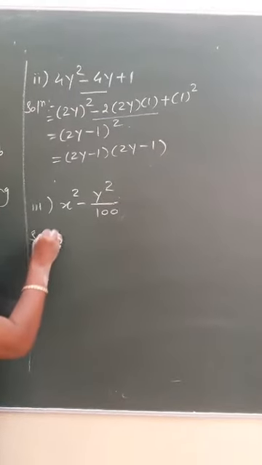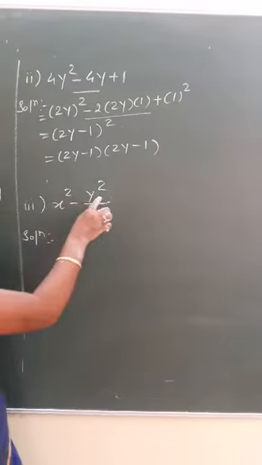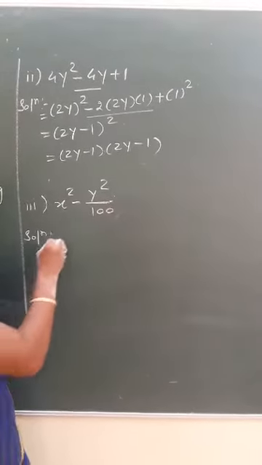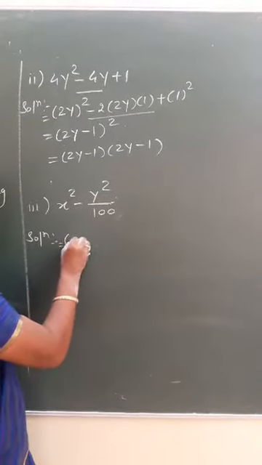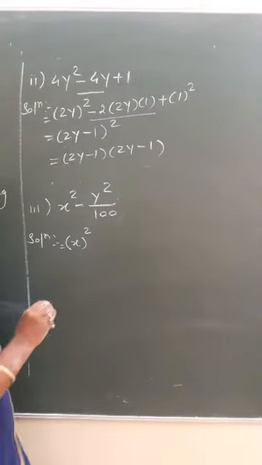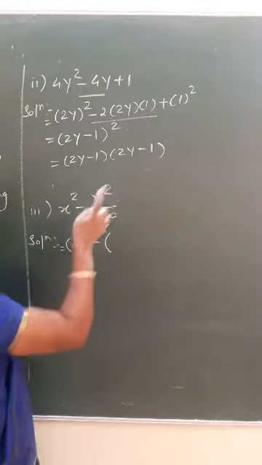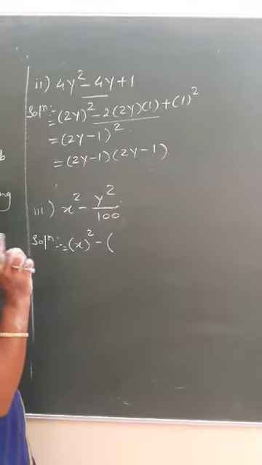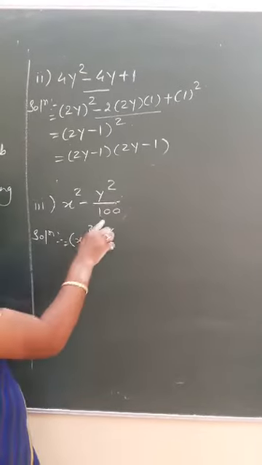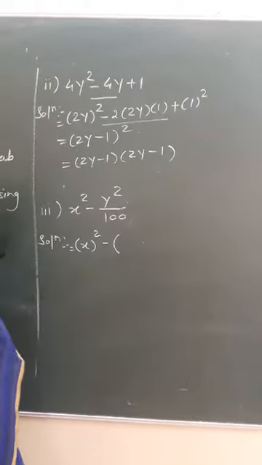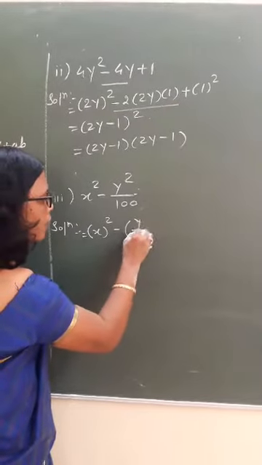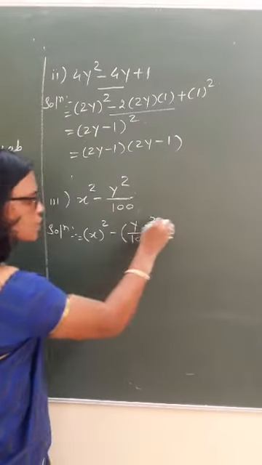Third is x square minus y square by 100. So x square can be written as x whole square minus y square, which is the square of y, and 100 is the square of which number? 10. Can I write here y upon 10 whole square?